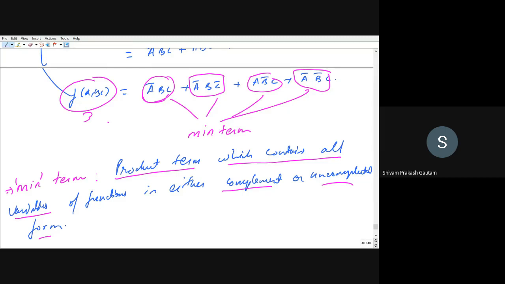If there are 3 variables, how many combinations of these variables are possible? In total 8 combinations are possible, that is 2 to the power 3. So in total there will be 8 different min terms, right? Now min term is clear: a product term which contains all the variables of the function in either complemented or uncomplemented form. So this is standard sum of product form, and each product term is called a min term. Now we will make a table.